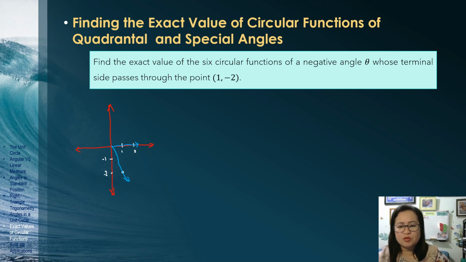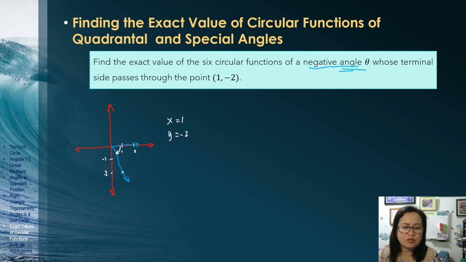Now, since we are given that it is a negative angle, the terminal side is moving in a clockwise direction. Take note that we have x equals 1 and y is equal to -2.